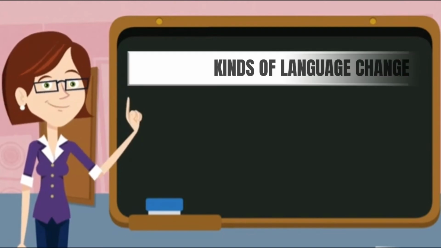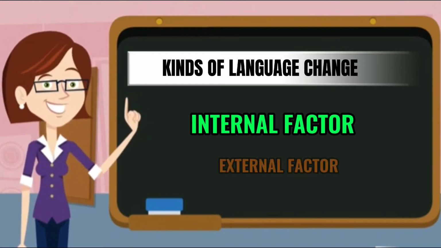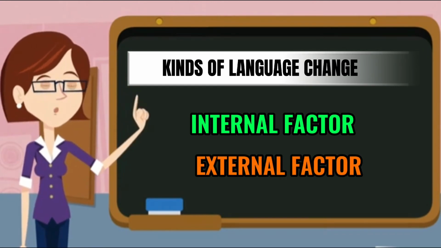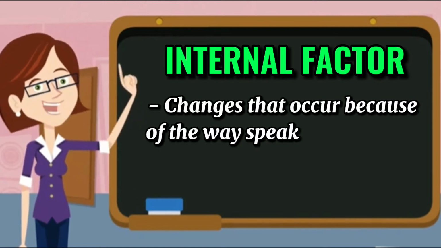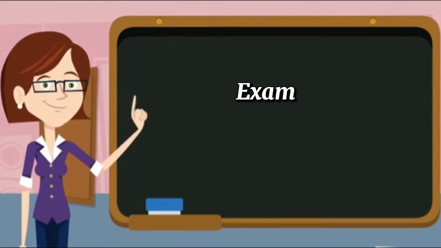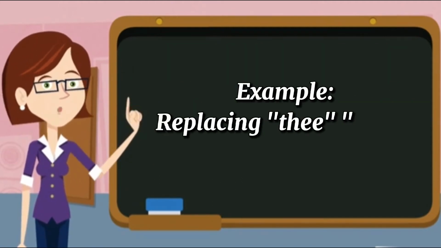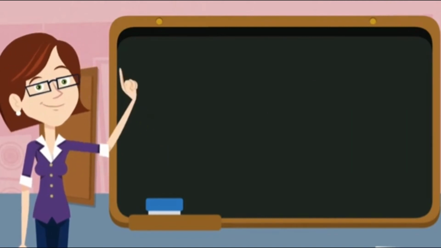So there are two kinds of language change: internal factor and external factor. First, what is an internal factor? Internal factors are changes that occur because of the way speakers gradually modify their language over time. Example, replacing thee and thou with the more informal you.